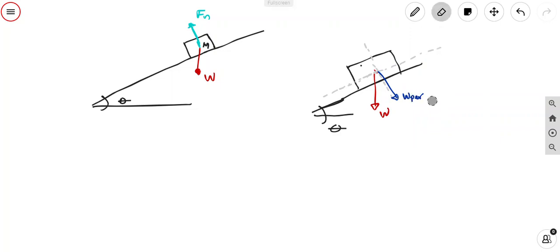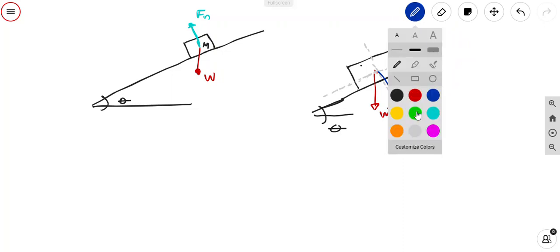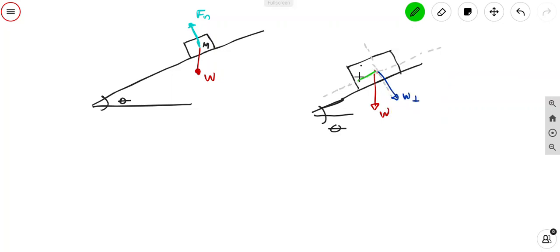We can represent perpendicular better with the symbol of perpendicular. And we're going to have another component that will be parallel to the surface. So it's going to be like this. This is the parallel component of the weight.